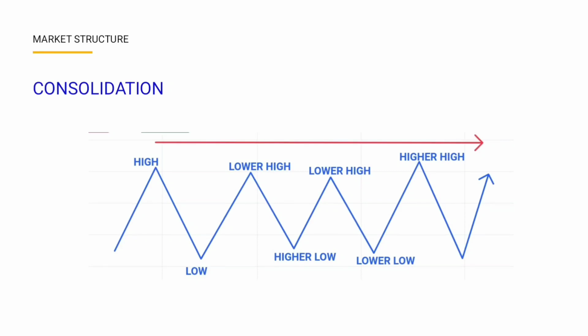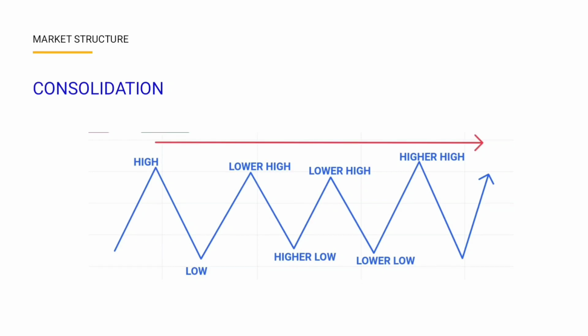So we come again and say, oh, since it has formed a higher low, then this could most likely be a bullish trend. And then we are expecting it to form a higher high. But now it goes ahead to form a lower high again, further complicating the matter. After the lower high, it comes down to form a lower low, which shows that, okay, it is most likely forming a bearish trend again. So what are we expecting?